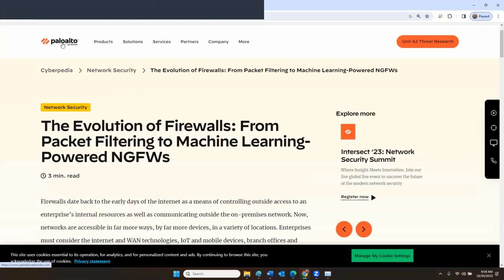Palo Alto is really earning their chops. They have great products, and from what I understand from people who are working with them, the performance metrics are off the charts. So they're doing an amazing job of making life in network security more interesting and more cost effective, and they deserve a lot of credit for that.